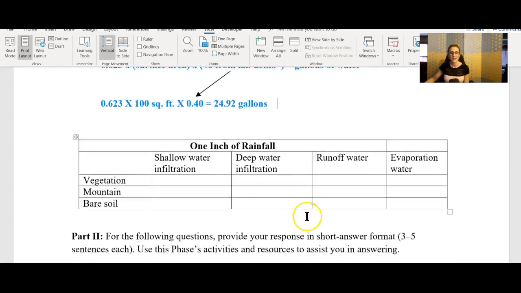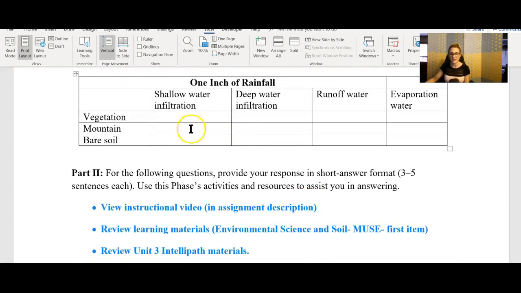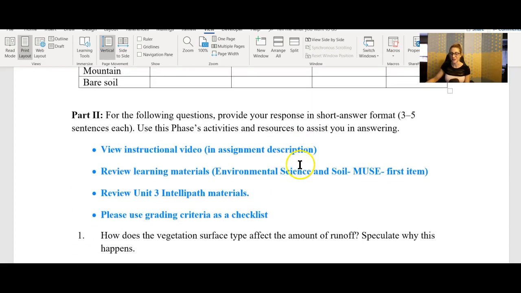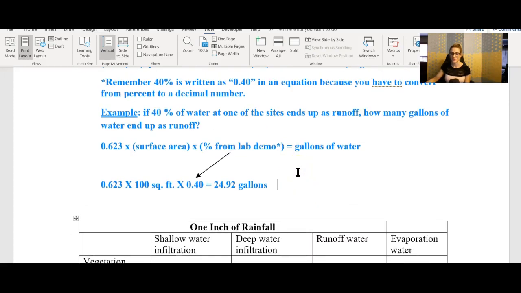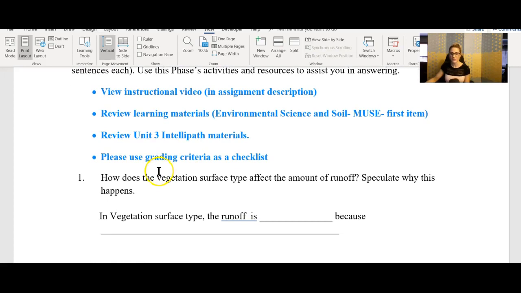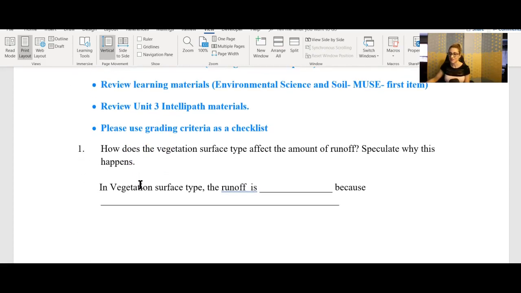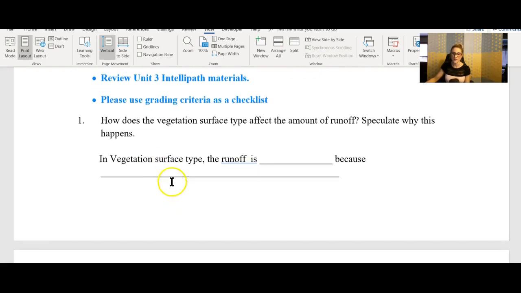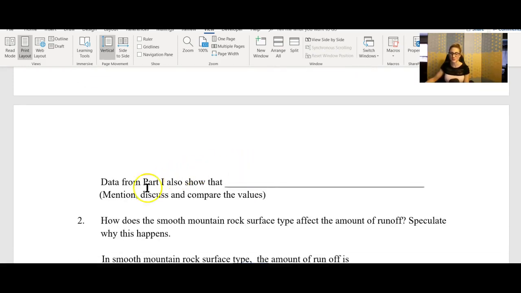Then if you scroll down a little bit, that should help you be able to answer those questions to get that extra information. And if you look down here, there's some extra guidance and some sentence starters for you to answer these questions. They're very specific. You can see there are some sentence starters built right in there.